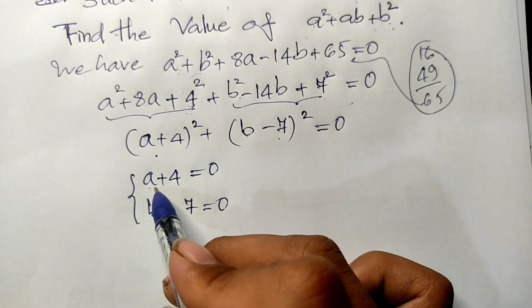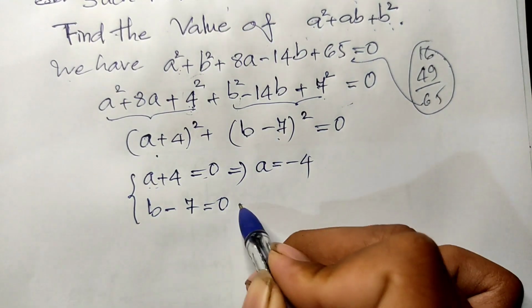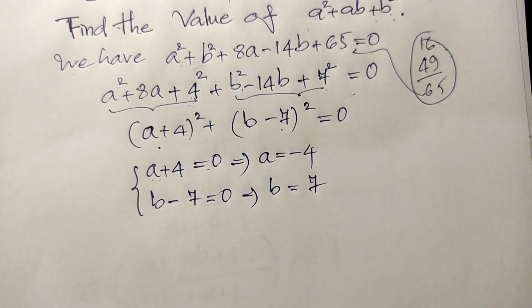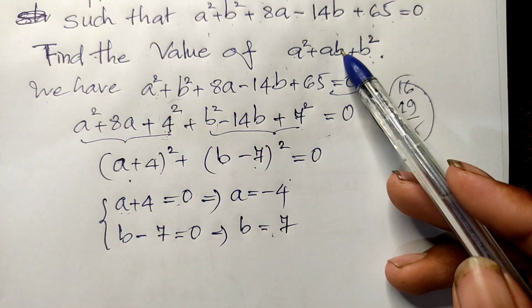And now a plus 4 equals 0 gives a equals minus 4, and b equals 7. And now we have the values of a and b. So we can find the value of this expression.